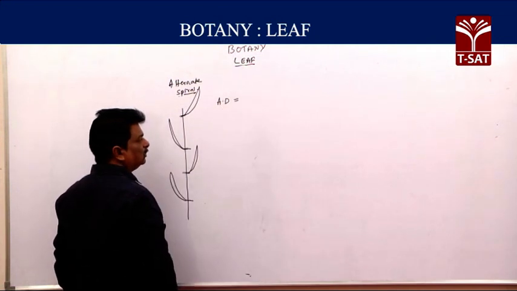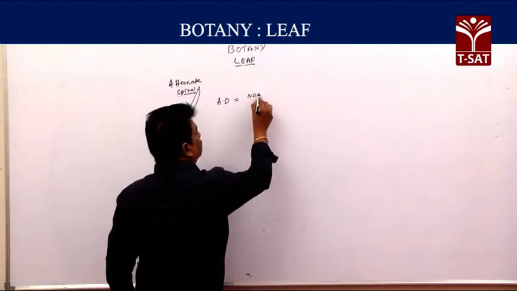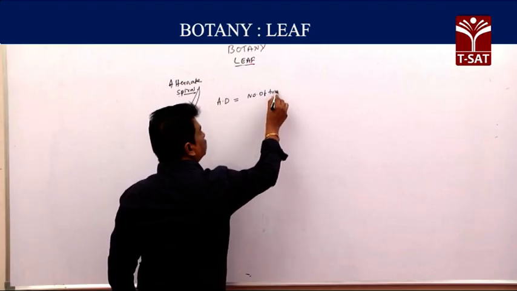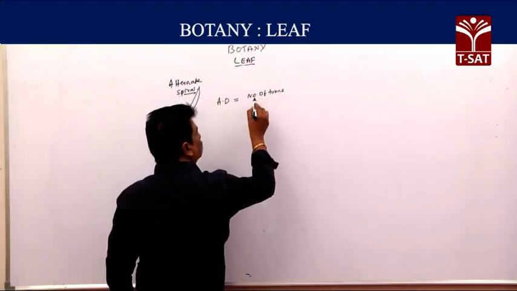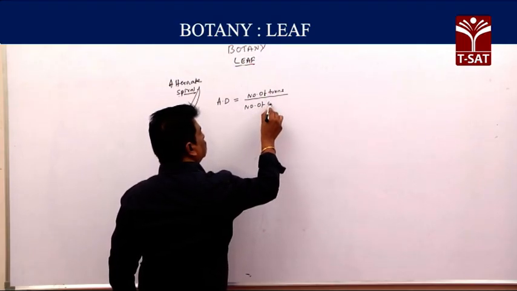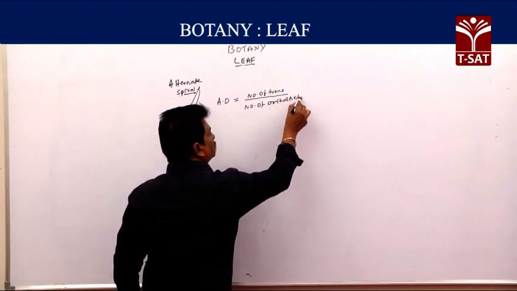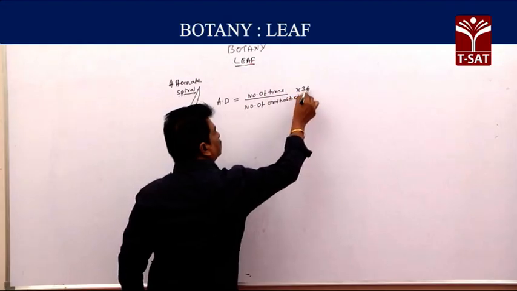It is called angular divergence. Angular divergence can be estimated by number of turns divided by number of leaves into 360.